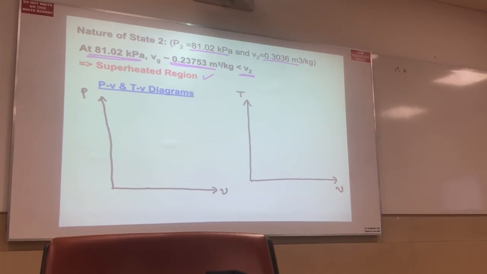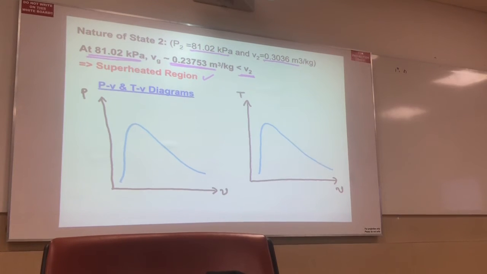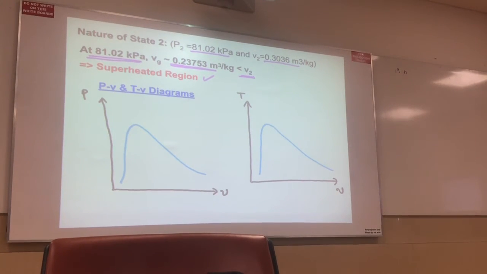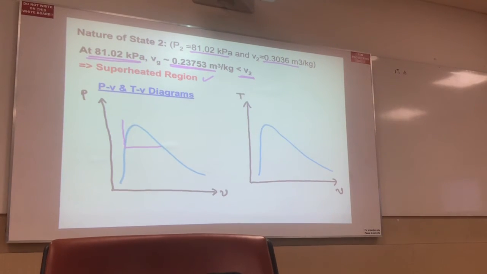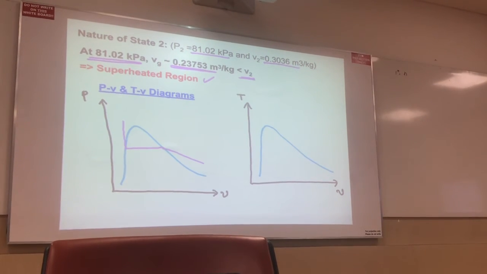In the PV diagram, you have to show the constant temperature line.